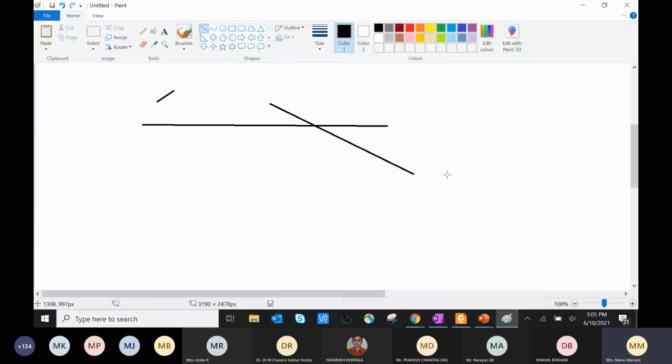Correct. These intersections are called via. Now, to attach this via, there will be only one connection which will be given. That is called one via. But if you see the top structure of the via, this is the top part of it.